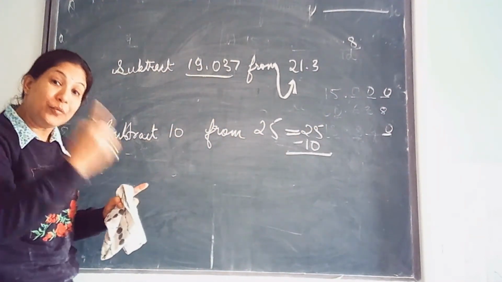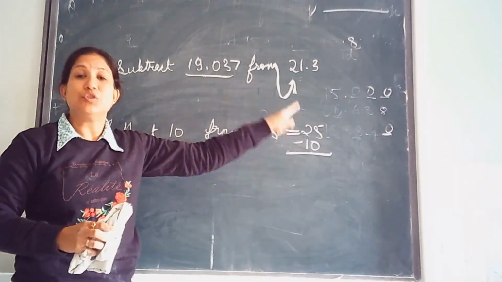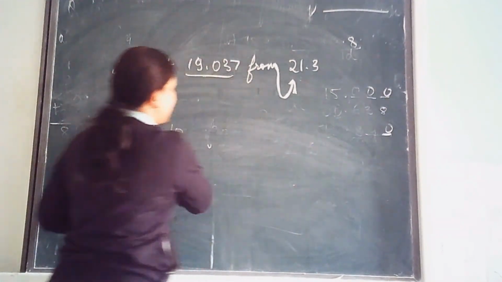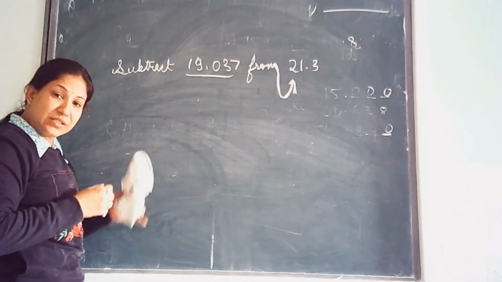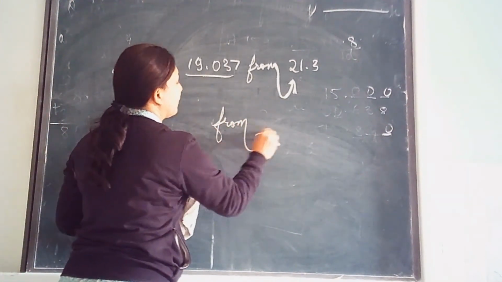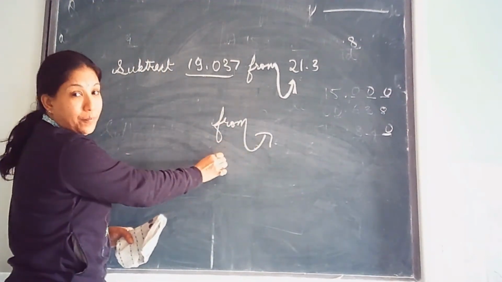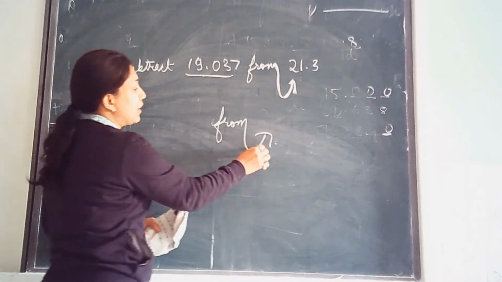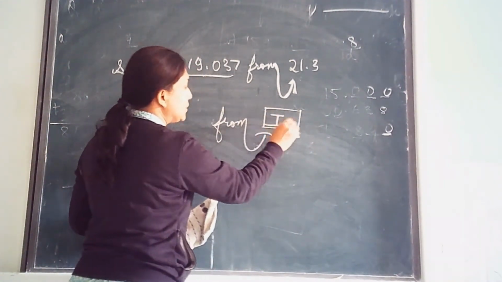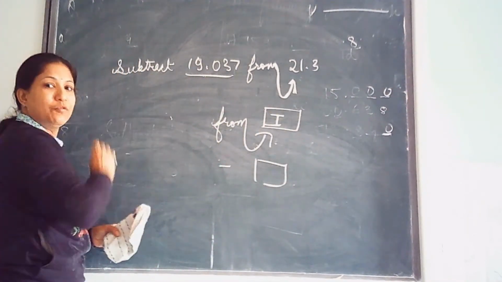Understood? From 25 you have to subtract 10. So you will take 25 as the first number. So in the exam, if you get confused, always remember this trick I gave my students, the magical tail. Wherever you have the word from, that number will come first, and then you subtract the number which is before from.